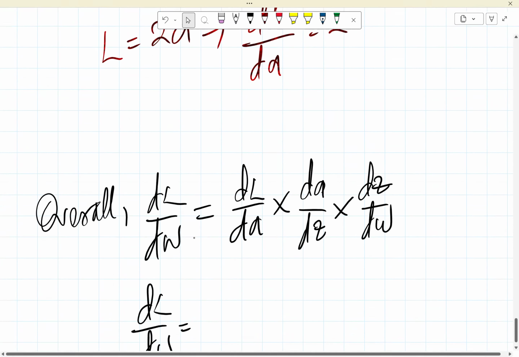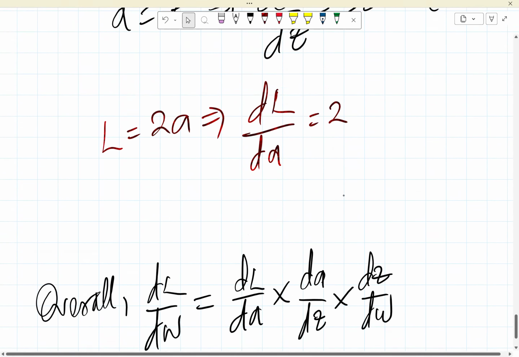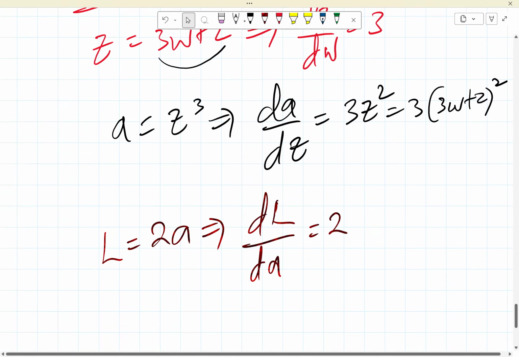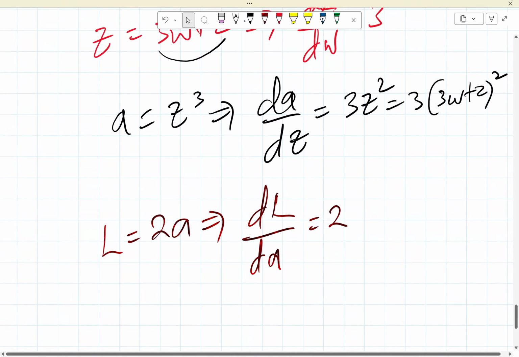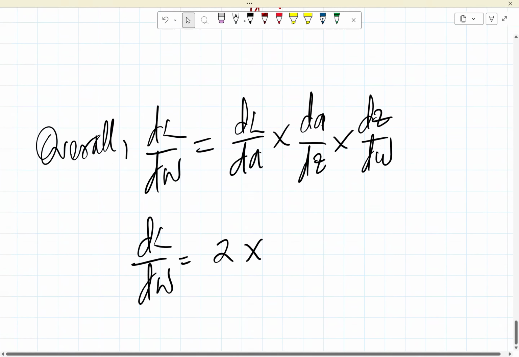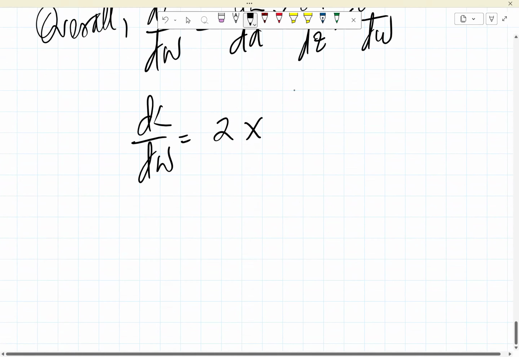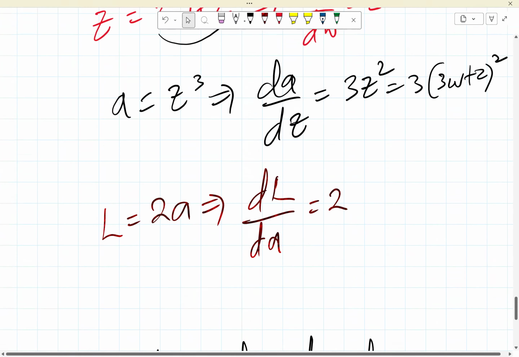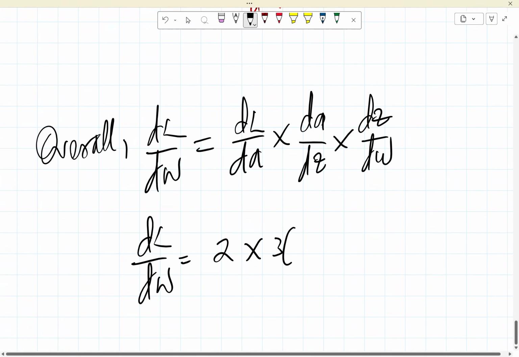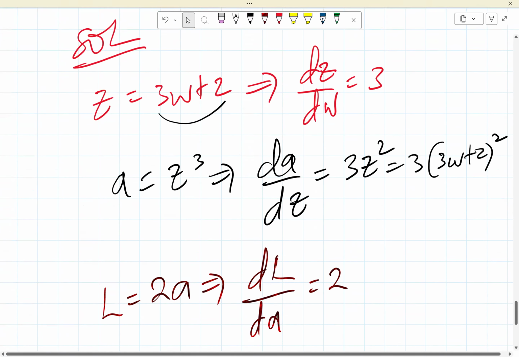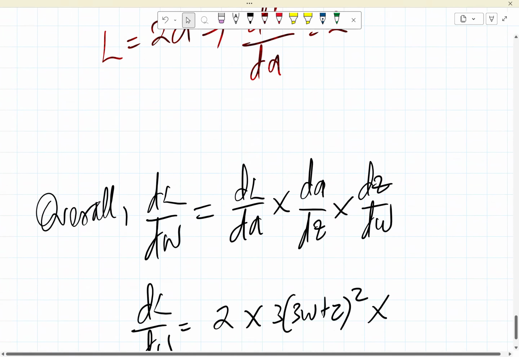So for dL/dA we have 2, for dA/dZ we have 3 into (3W plus 2) all squared, and dZ/dW is 3.